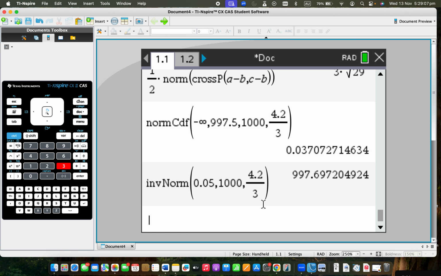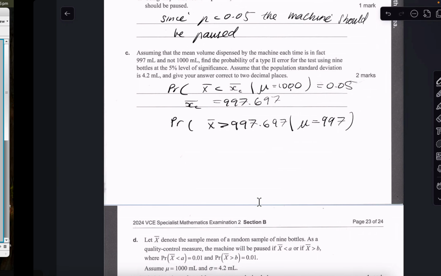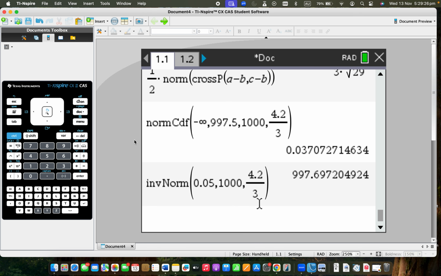Now, for a type 2 error, we didn't reject it. So the probability that x bar is greater than 997.697, given that the mean is actually 997, so we should have rejected it. So that's the working out.